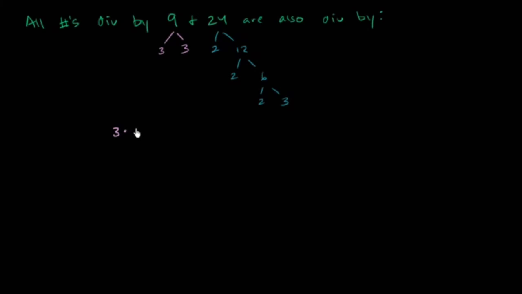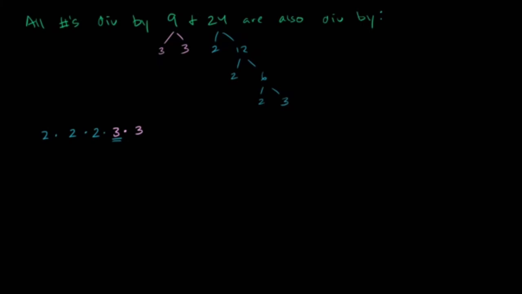Anything divisible by 24 has got to have 3 2's in it, a 2 times a 2 times a 2, and at least one 3. We already have at least one 3 from the 9. So this number right here is divisible by both 9 and 24. And this number is actually 72. This is 8 times 9, which is 72.